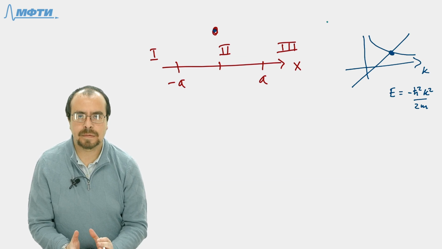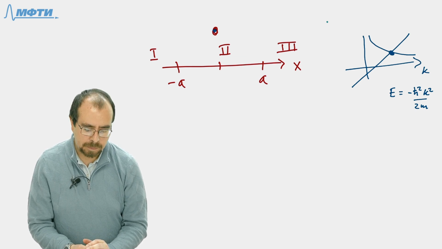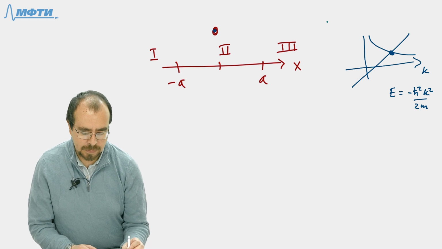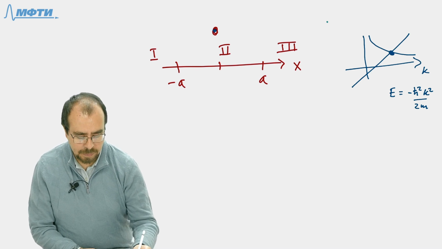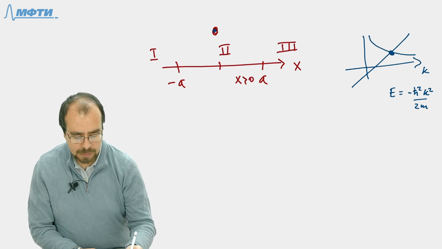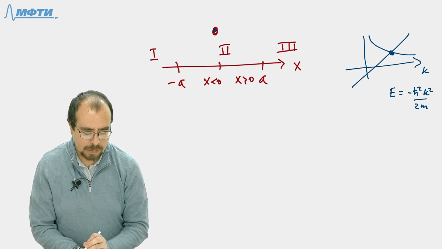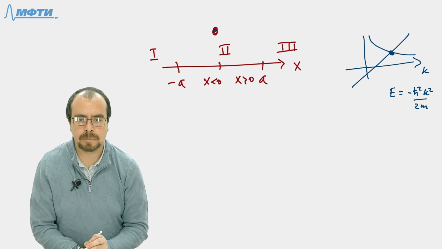So that means that there must be a kind of symmetry. And the same, for example, in the second region, if we take into account the parts here where x is larger than 0, but smaller than a, and x smaller than 0, but larger than minus a, you have the same thing.